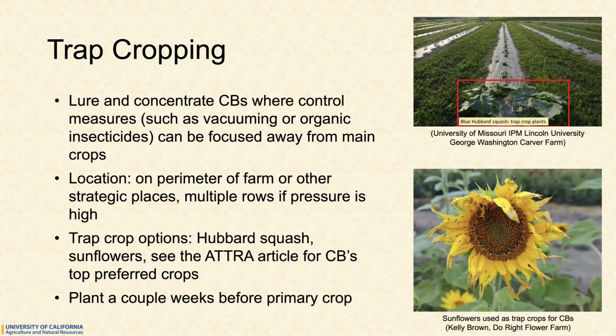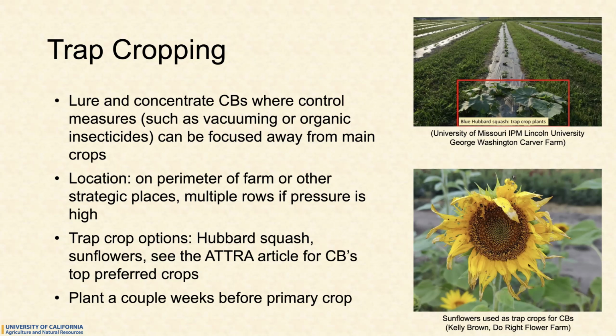Blue Hubbard is preferred by cucumber beetles, so it's a nice example. It doesn't have to look like this specifically. There's a lot of different ways you could set this up. But the idea is, location-wise, you might want to put this on the perimeter of your farm or other strategic places, and you might need multiple rows if pressure is really, really high.